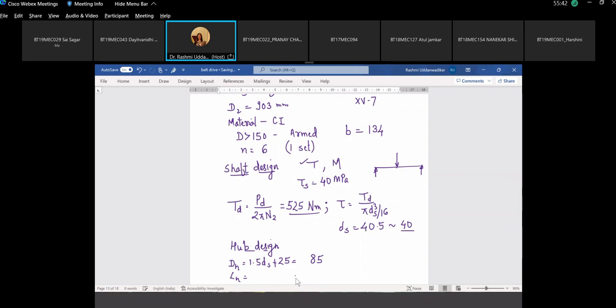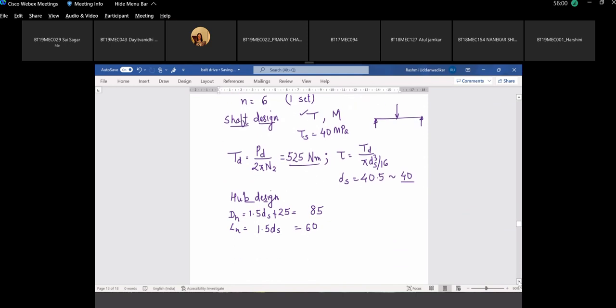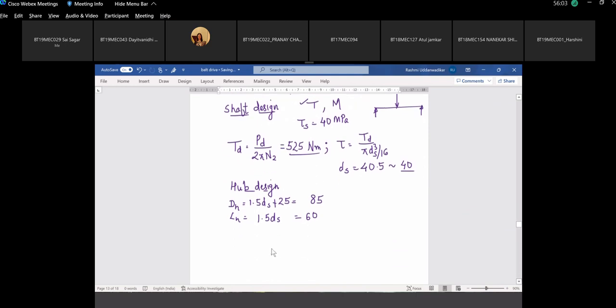LH is 60. I'm still waiting for the formula for LH from Divakar. Divakar, you don't have the data book? Yeah, so give me the values, 85 and 60. So hub is done, shaft is done.